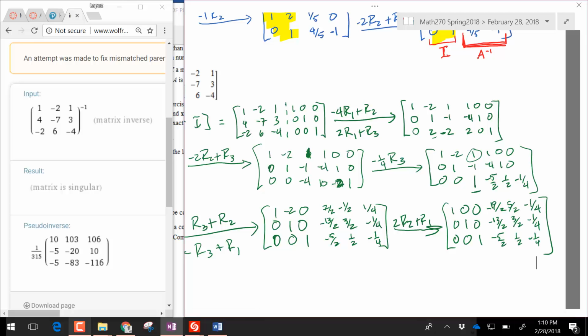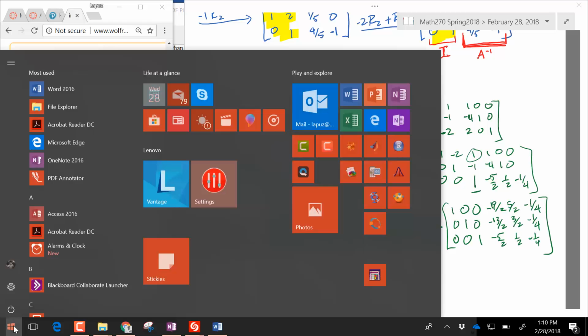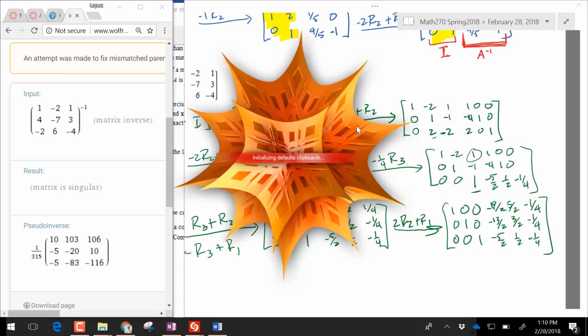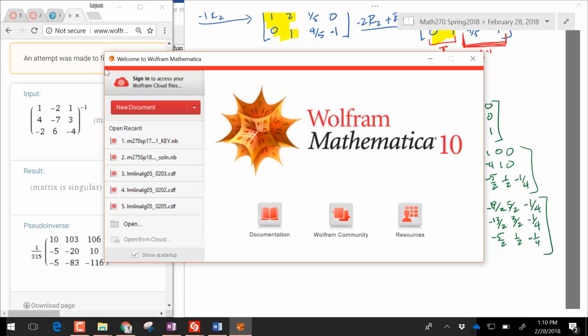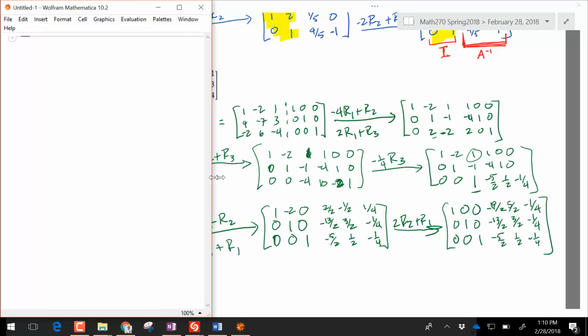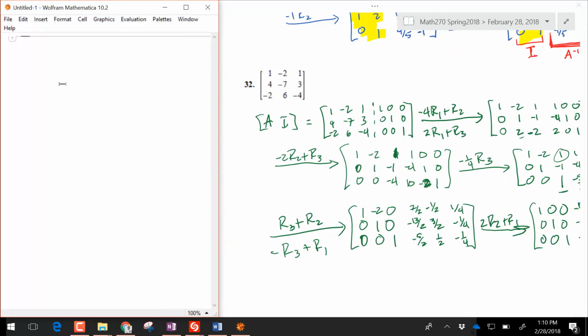It's the pretend inverse. All right, let's see.